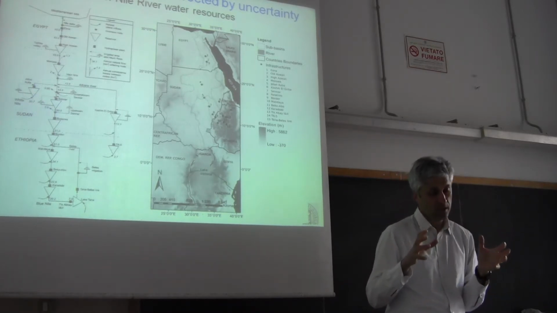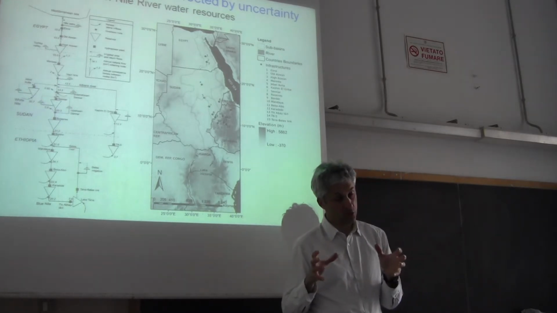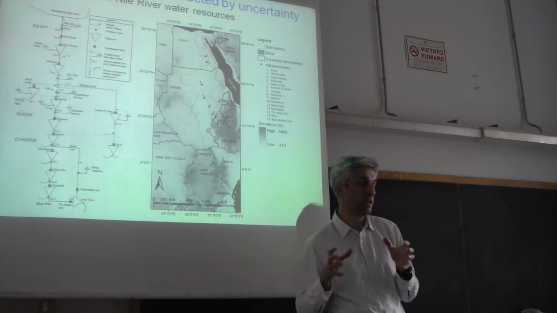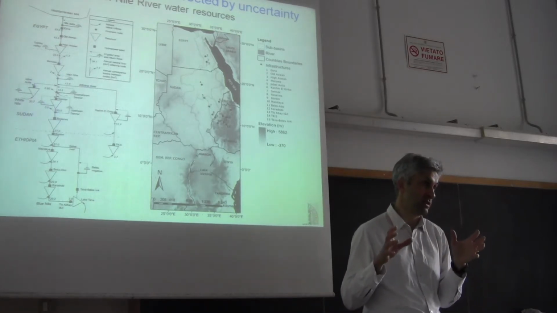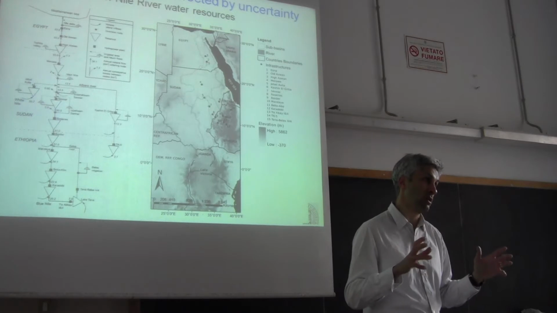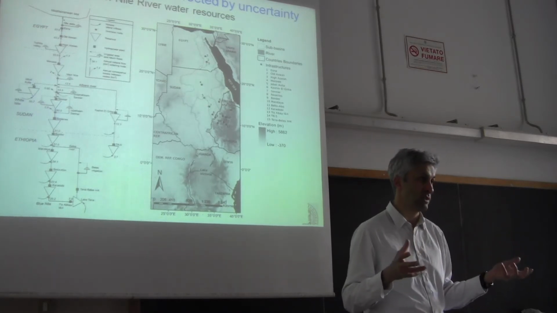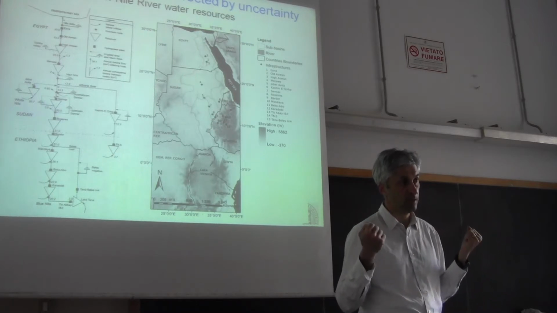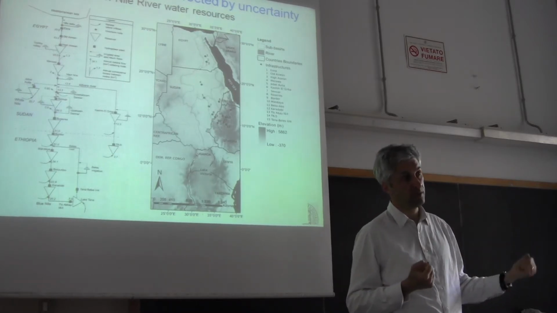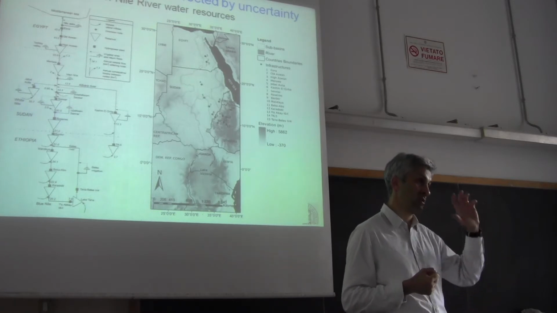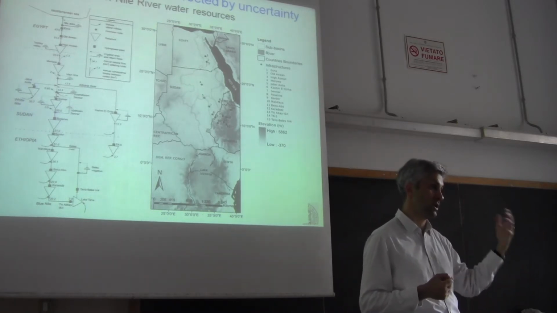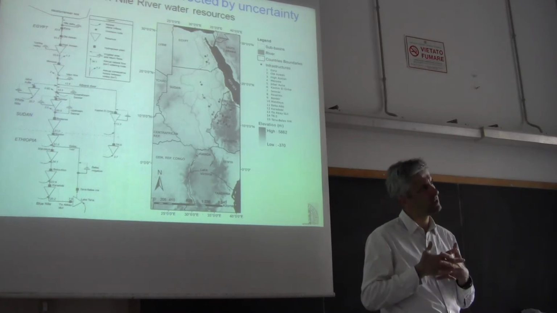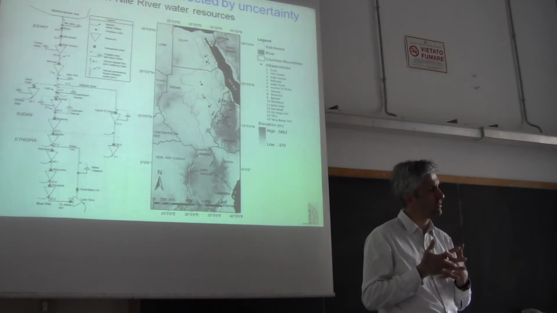In particular, one should look carefully at the impact of the actions taken by upstream countries on downstream countries, because it's clear that if you withdraw water from the river upstream, you have an impact downstream. And at a first evaluation, you may say that this is not convenient.